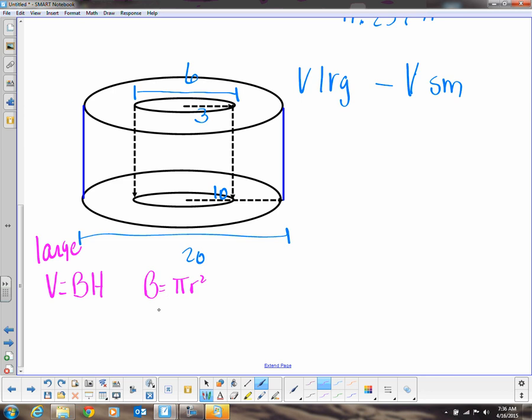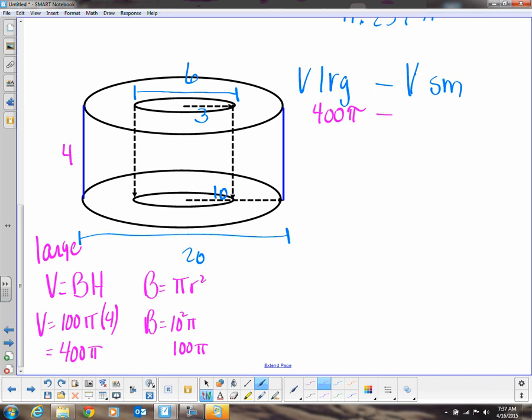So what's the radius of the large? 10 squared, which is, all right, now, if I did this well, I should have put 100 pi in here. Now, what's the height of my cylinder? Oh, I didn't show you. What is the height of my cylinder? 4. So what's the volume of the large? 400 pi. So we've got 400 pi.